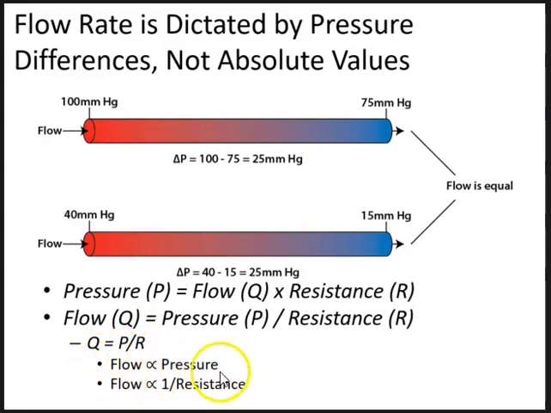So any increase in pressure, you have an increase in flow. And then flow is inversely proportionate to resistance. So with an increase in resistance, you have a decrease in flow.